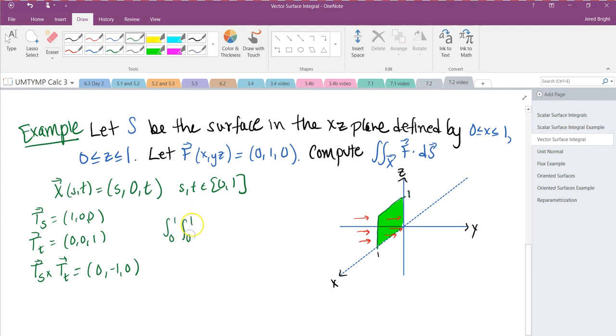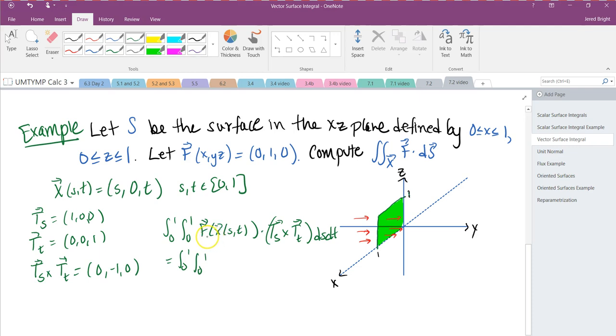Now in computing the vector surface integral, or finding the flux, I would have a double integral, both from 0 to 1, of F of x of s and t, and I'm going to add vector symbols in a moment over those, dotted with T_s cross T_t, ds dt.